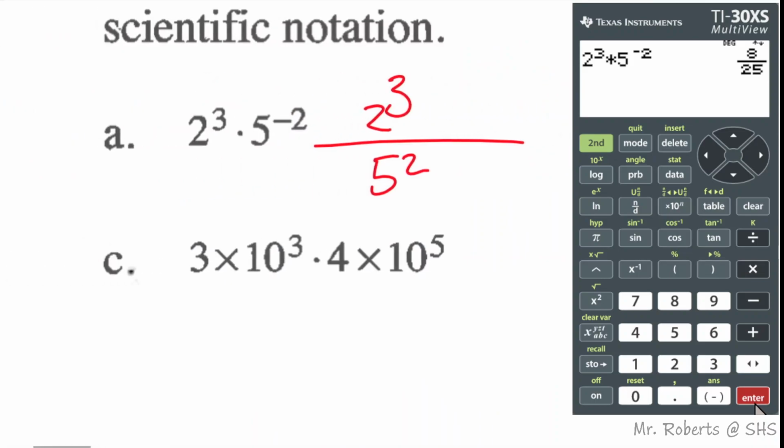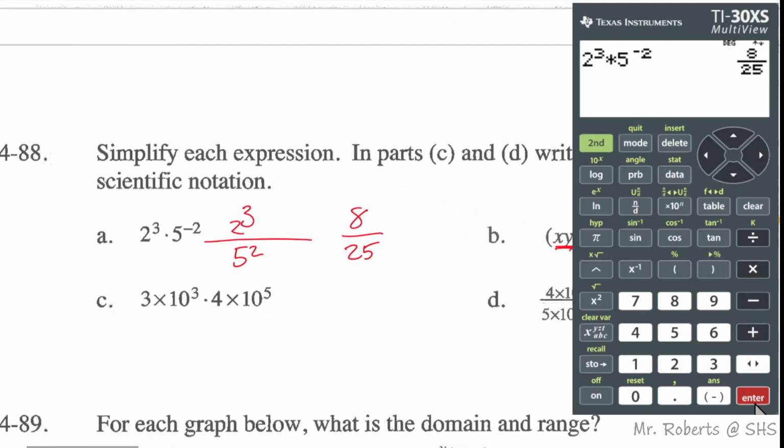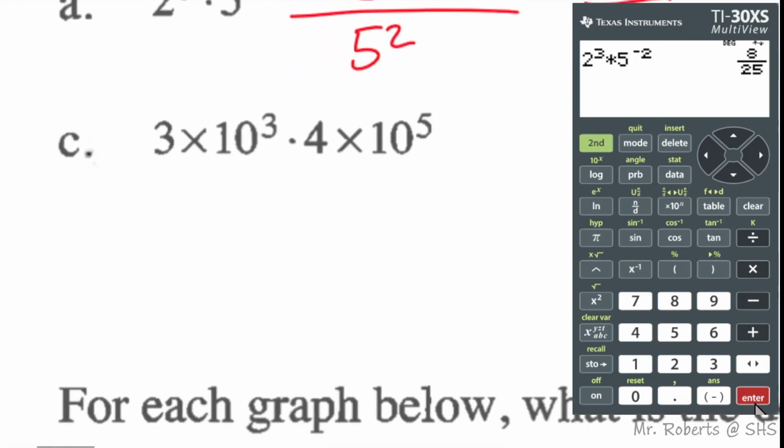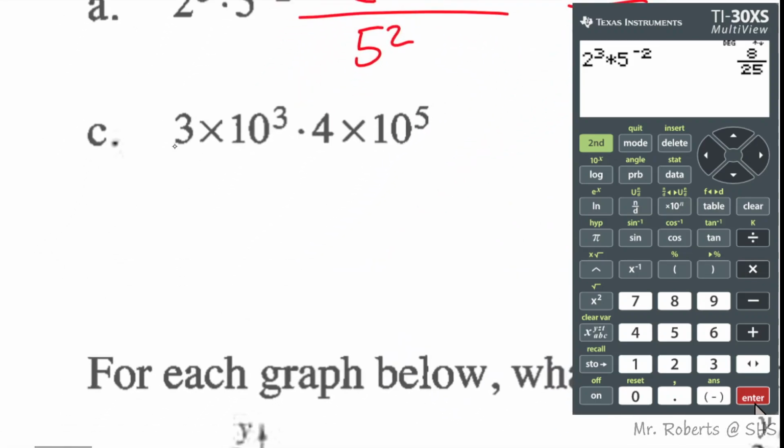These next two are in scientific notation. It says for part C and D, write your answer using scientific notation. All right, so 3 times 4 is 12, times 10 to the 3rd times 10 to the 5th, which is times 10 to the 8th. Now, that's the value, right? But that's not in scientific notation. So I have to make it look like 1.2.